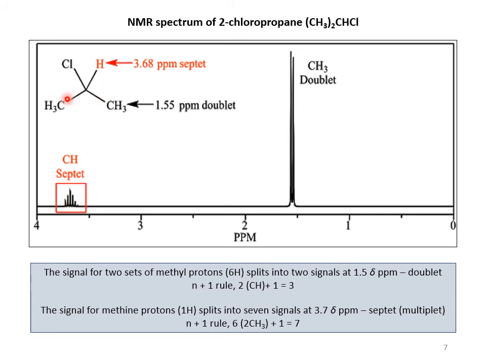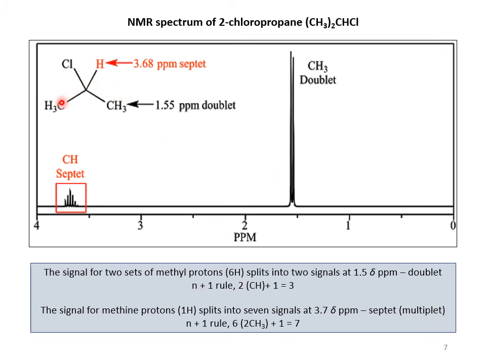Because it has totally 6 protons on the adjacent carbon atoms. For this methine carbon there are two adjacent methyl groups, which have totally 6 protons. So 6 plus 1, 7. So the signal for this methine proton splits into 7, hence the name septet or else multiplet.